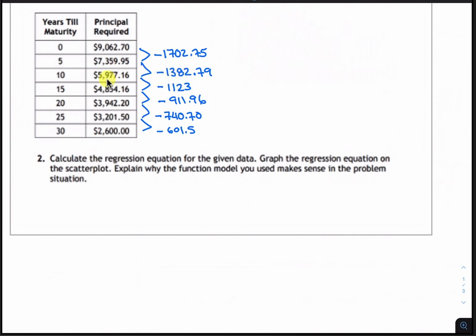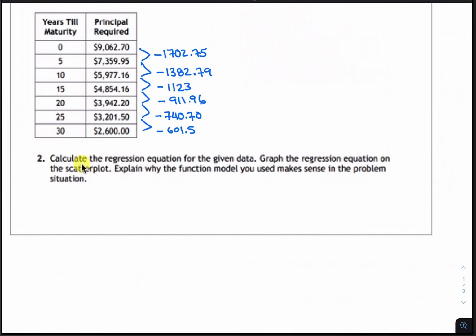To get from the 5,900 to the 48, you'd be subtracting 1,100. So what's happening is the amount that you're subtracting is getting smaller each time. So you could say that this is decreasing at a decreasing rate. Therefore, this is going to be exponential, and it's going to be exponential decay.